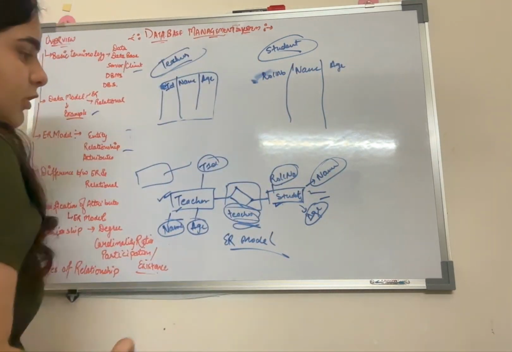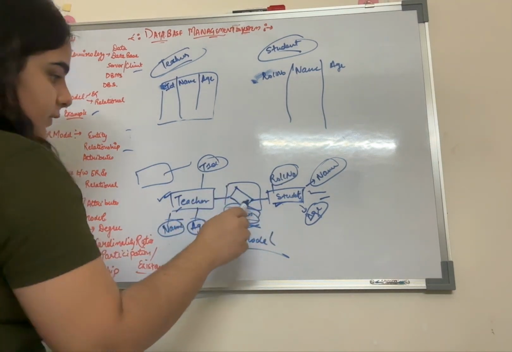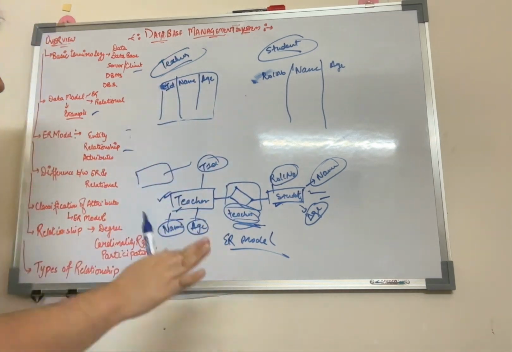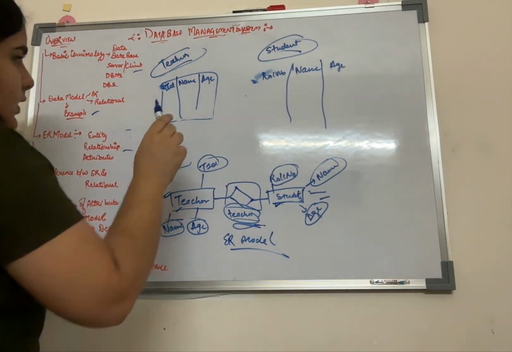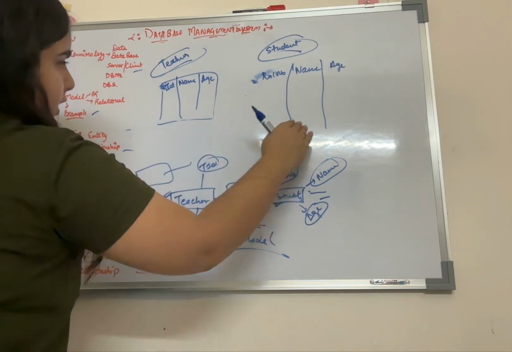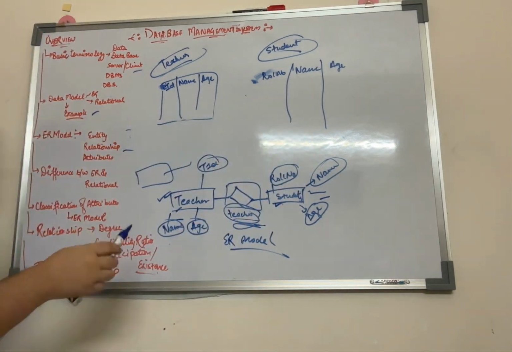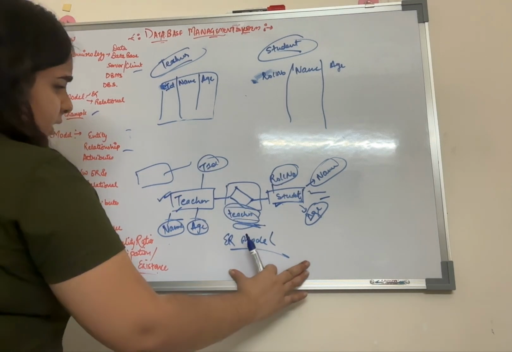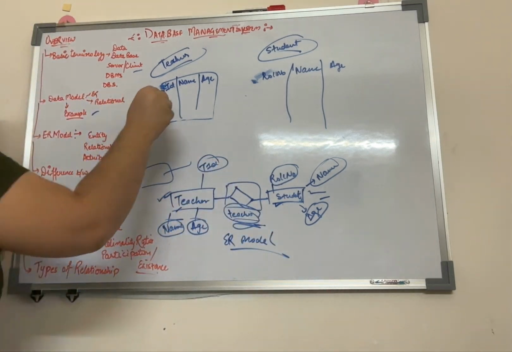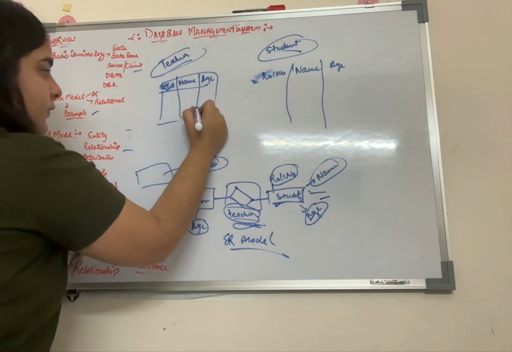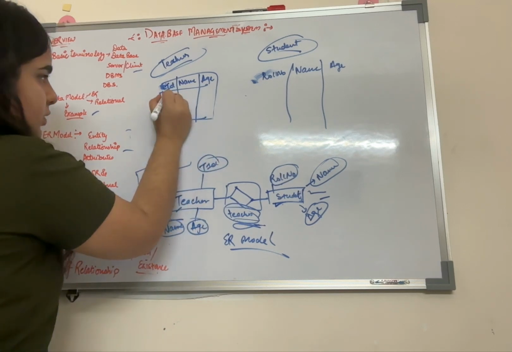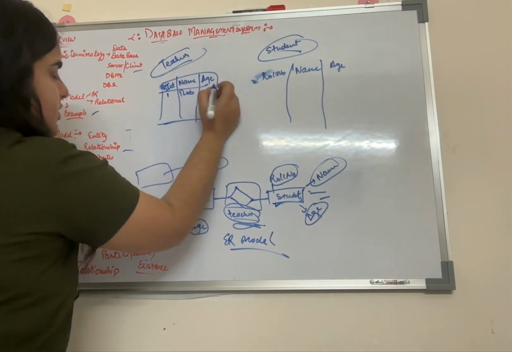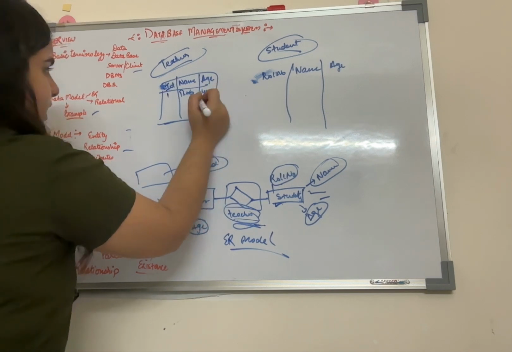When we are converting it to relational model, we'll see how to depict this particular relationship, but for now just forget it. Just think that there are two tables. In case of ER model, we will be just storing it as a diagram, but in case of relational model, we will have values. First, ID number 1, let's say Bob is a teacher and his age is 42.